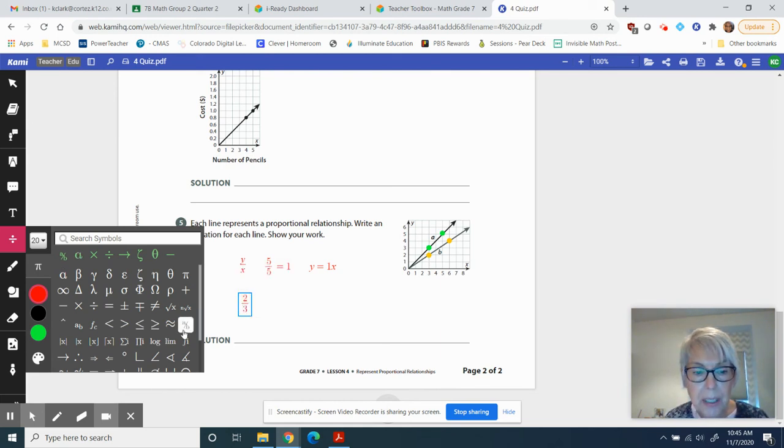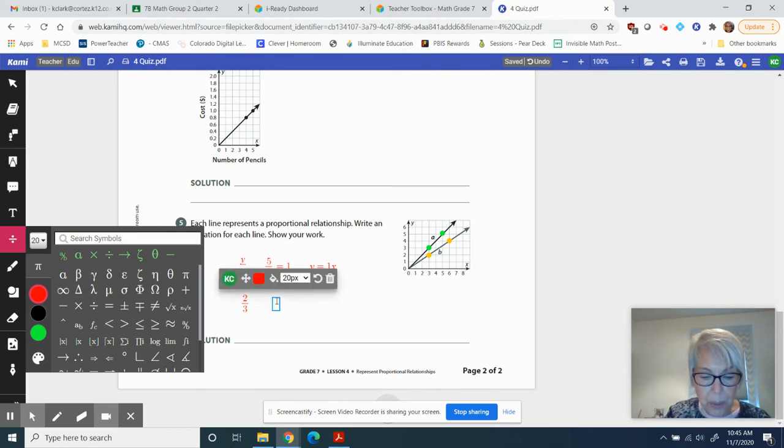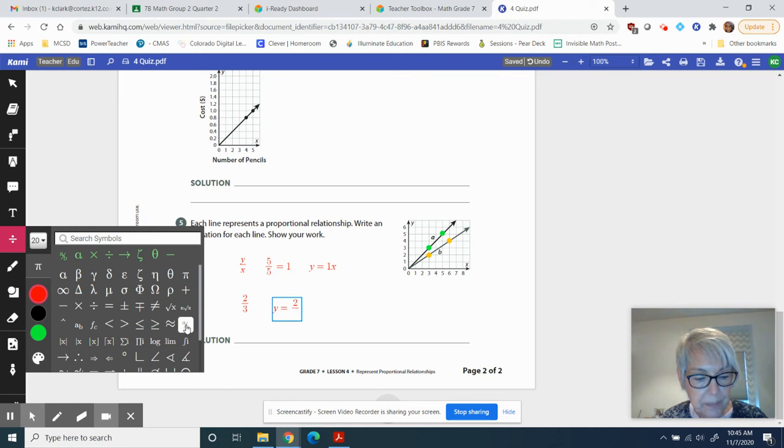I'm going to leave it like that instead of changing it into a decimal. I like how that looks. So for this next equation, I have y equals 2/3 x.